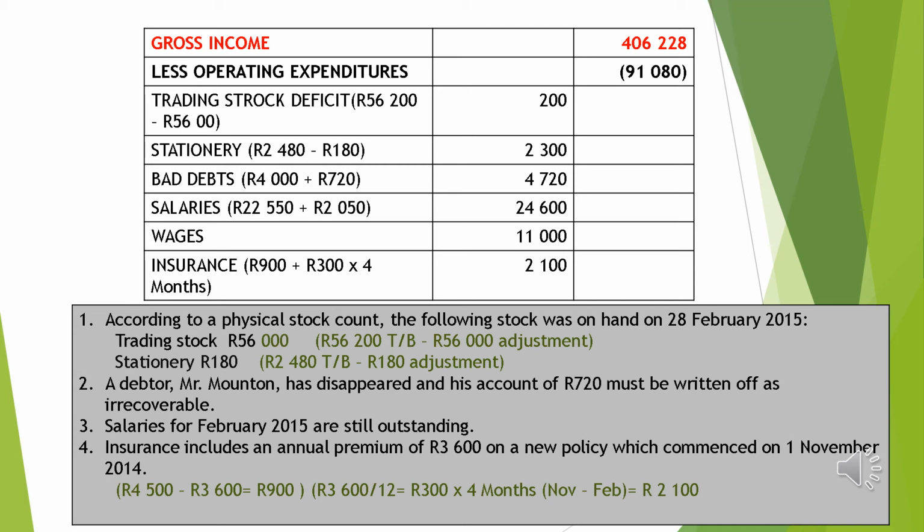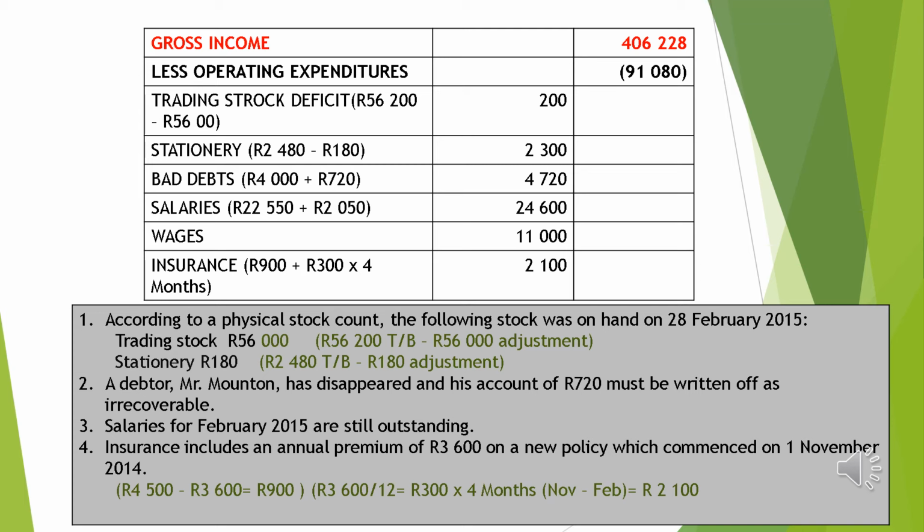So the first entry that we made here is trading stock deficit. Your trading stock deficit, and the adjustment is according to a physical stock count. The following stock was on hand on 28 February 2015, which is 56,000 rands. Then, according to the trial balance, you had 56,200.